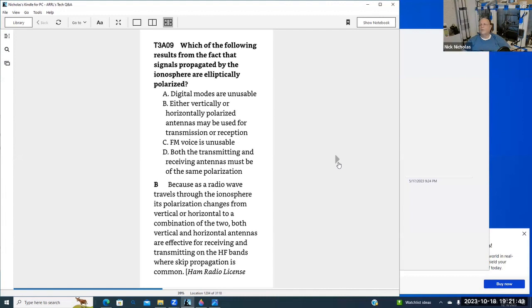Remember, whatever is bouncing back off a skip is never 100%. So what bounces back vertical and what bounces back horizontal does not detract from how much is skipping back. It just is the way it works. And some signal, even though you're skipping, is also traveling straight out into space. All righty.